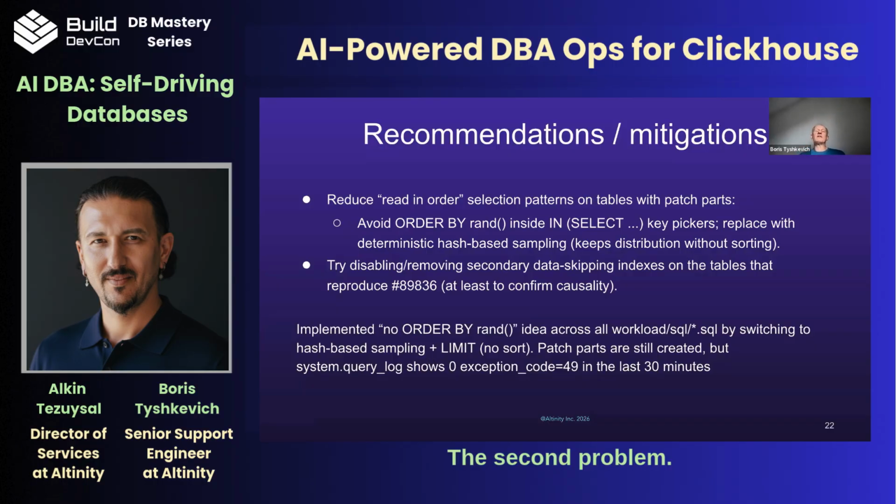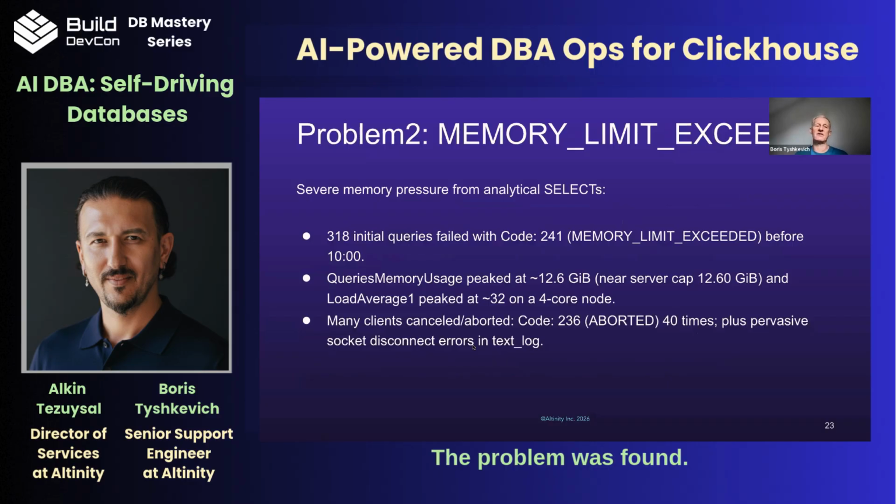The second problem found was memory limit exceeded. So it was real memory pressure from analytical selects. So we understand that is a problem. The problem is found: too much RAM used for such a big load on such a small server, a clear problem found by the automatic analysis.